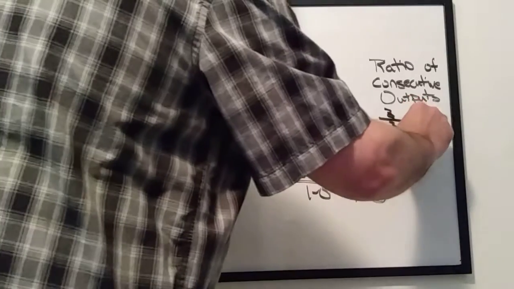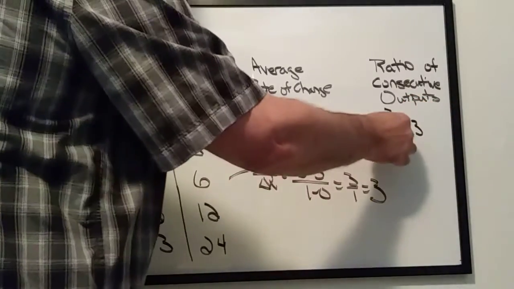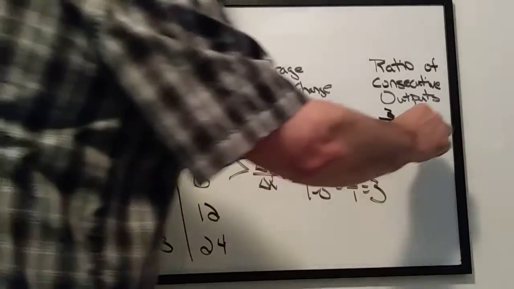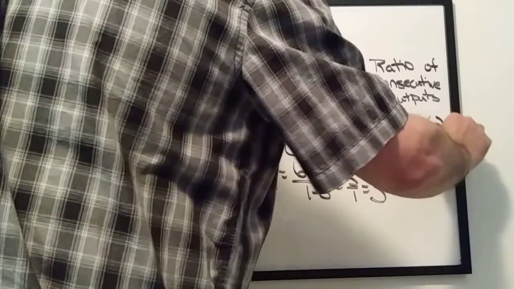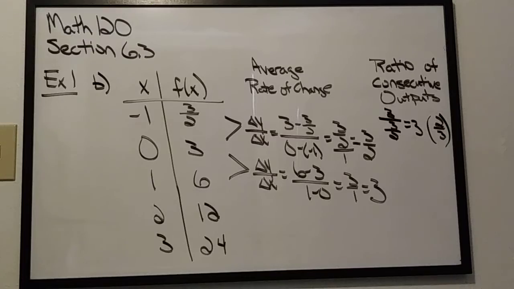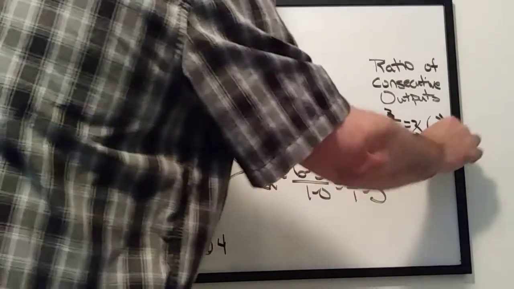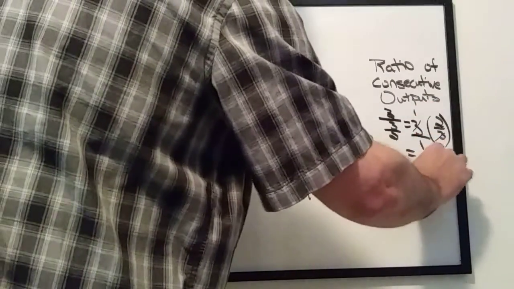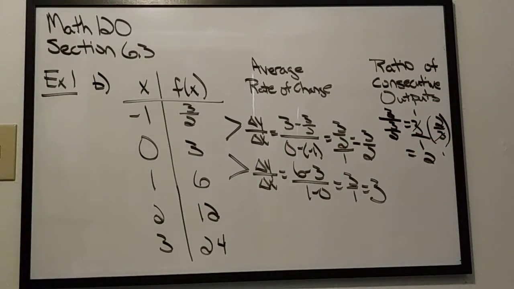So this is the same then as 3 times, and then the reciprocal of 3 halves is 2/3. Now, as you look at this multiplication problem, remember that 3 can be written so it looks more like a fraction by writing it as 3 over 1. Cancel the 3's here, and we end up getting the number 2. So the ratio of 3 and 3 halves ends up being the number 2.